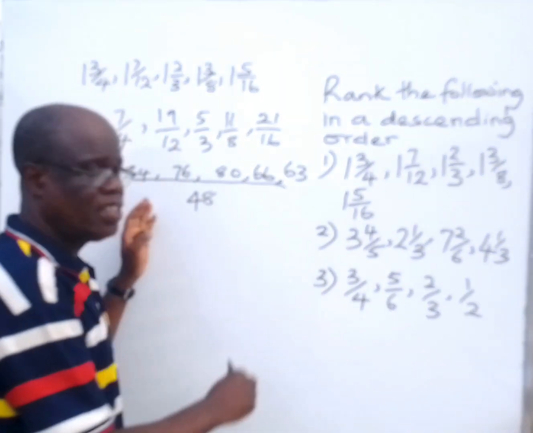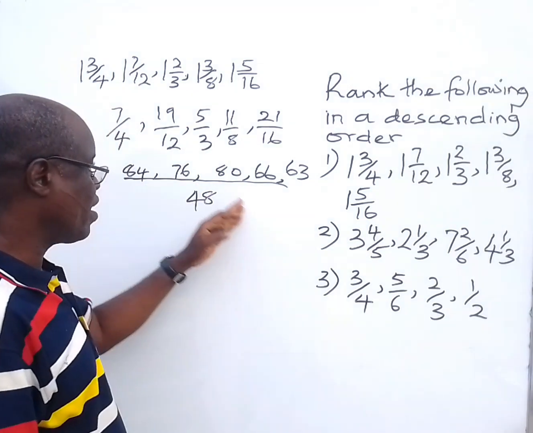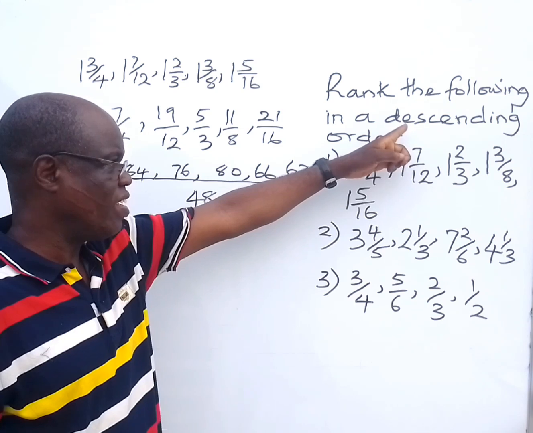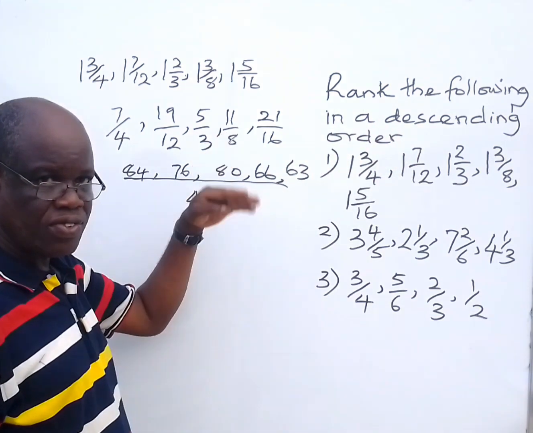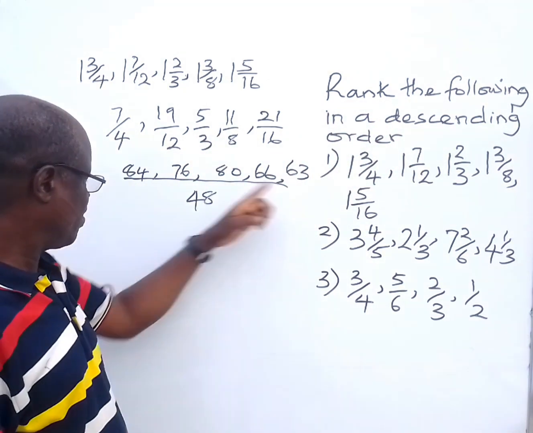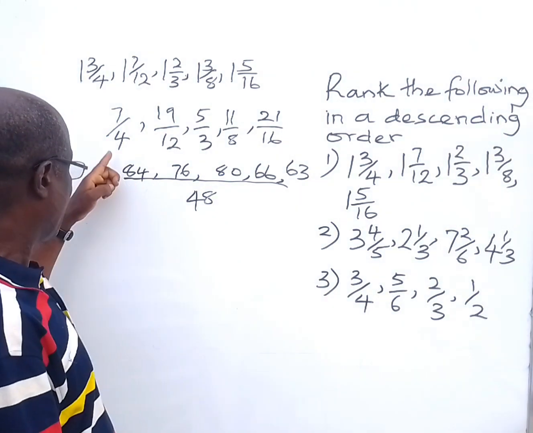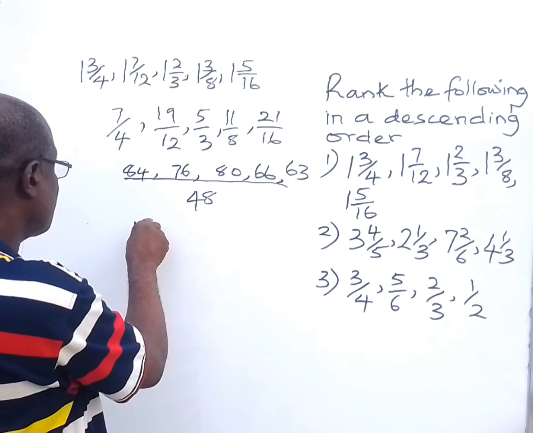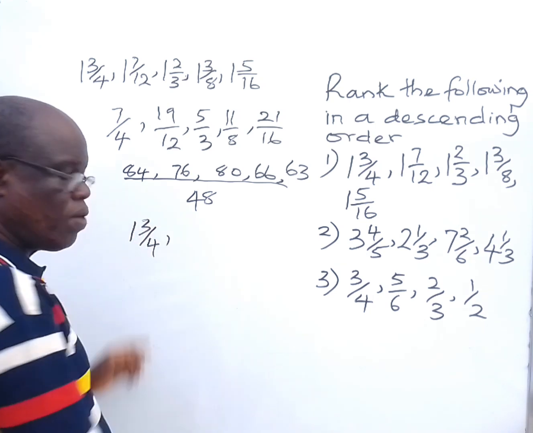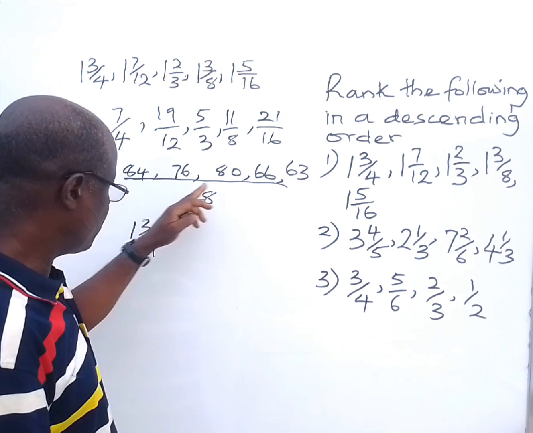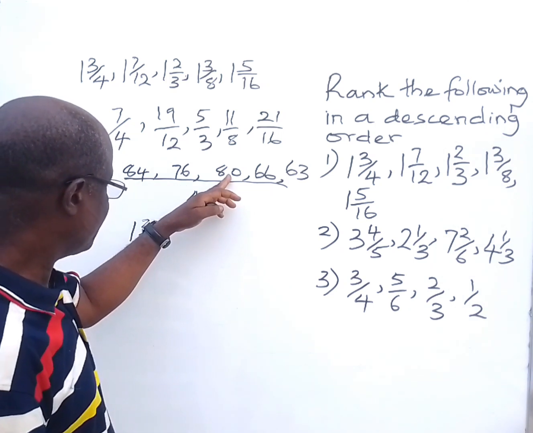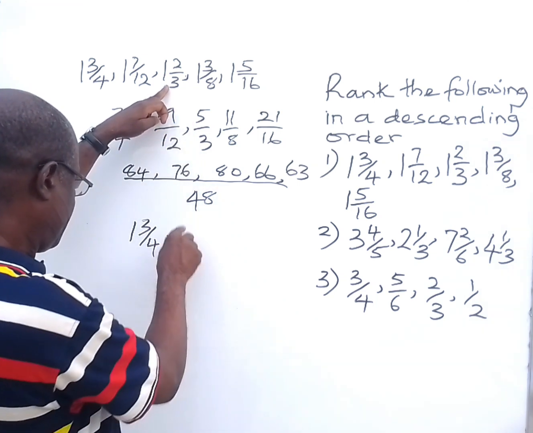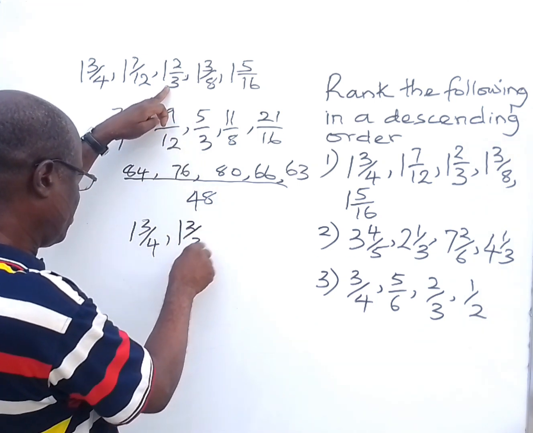Now, you have subjected all of them to the same denominator. We are arranging in descending order, that is from the biggest to the lowest. So you now check here. 84 is the biggest, and that 84 is 7 over 4, which is 1 whole number, 3 over 4, followed by 80. And 80 is this one, 1, 2 over 3.